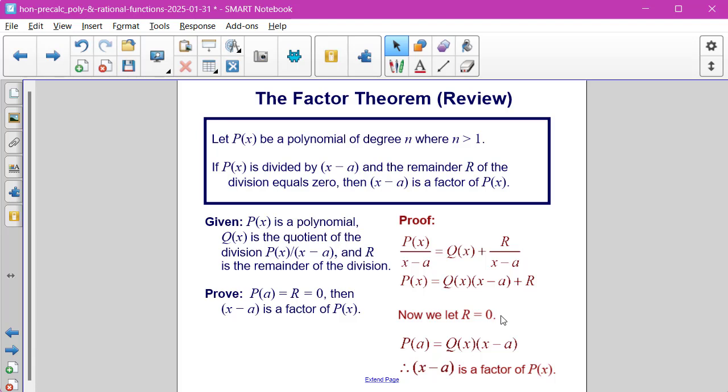Now if we let the remainder be 0 based on this theorem, we would be left with p of x being equal to q of x times x minus a, making the factor x minus a a factor of our polynomial p of x.